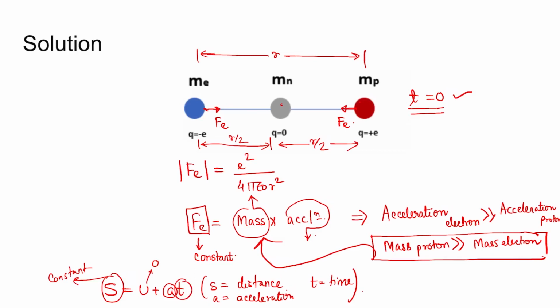Since the acceleration of the electron is more than the acceleration of the proton, the time taken by the electron is much less than the time taken by the proton to collide with the neutron.